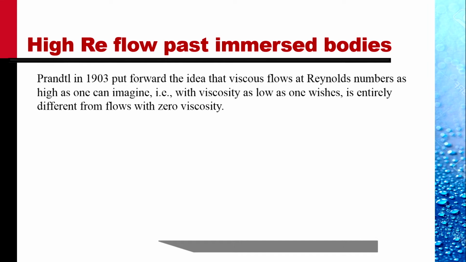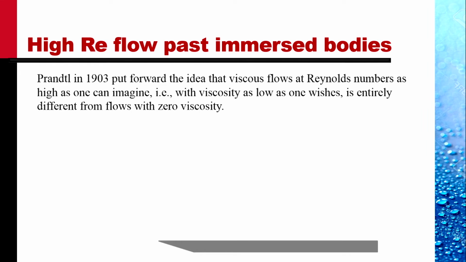He showed that viscous flows at a Reynolds number as high as one can imagine, that is, with viscosity as low as one wishes, are entirely different from the flows with zero viscosity.